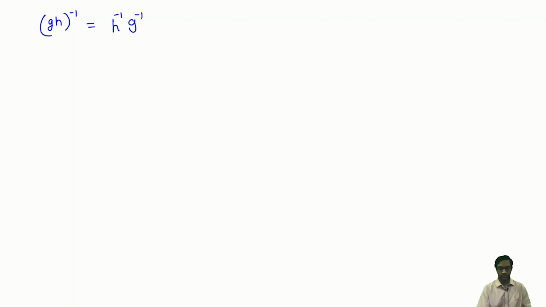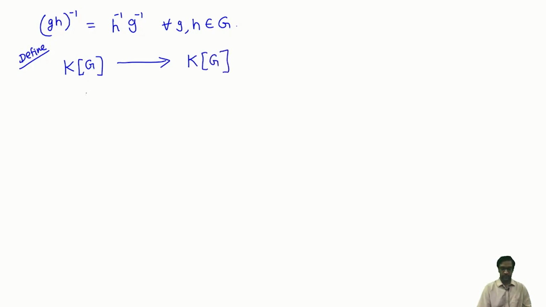This is true if I have two elements of the group G, and so that's somehow the clue. We define the following map. So here's the isomorphism. Let's define a map from the group ring Kg to itself as follows.